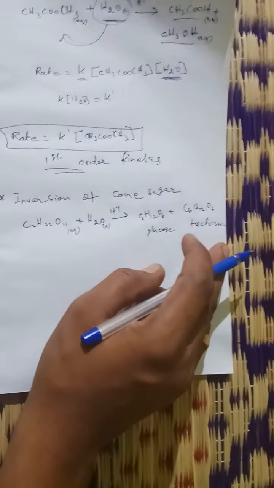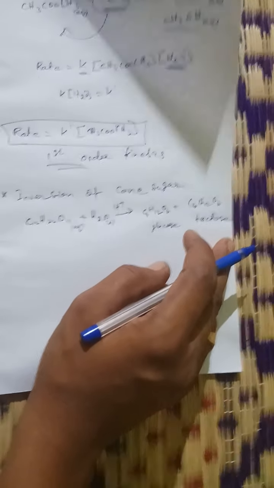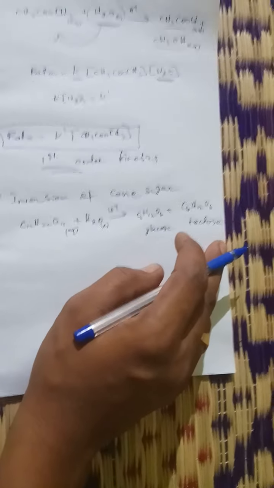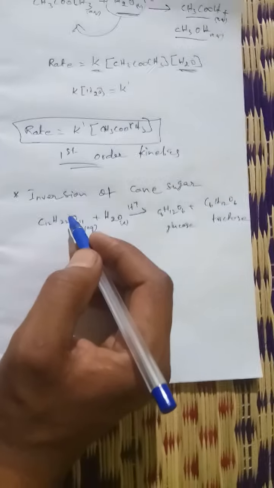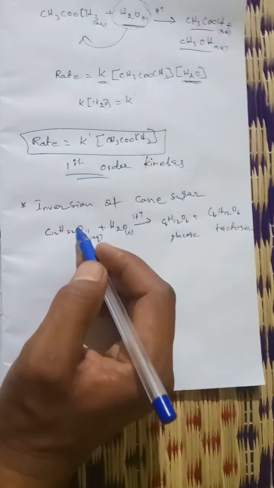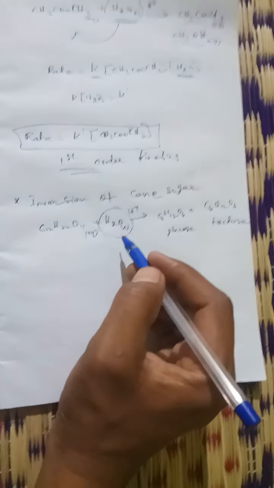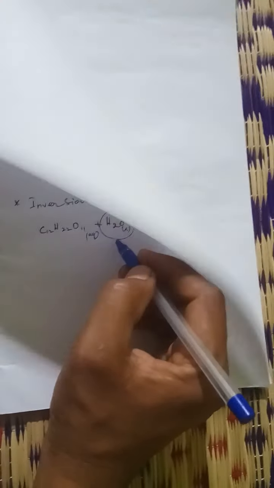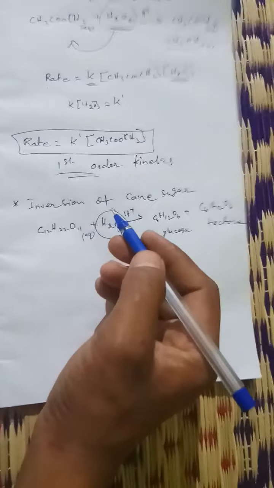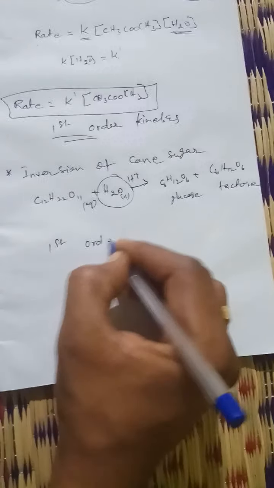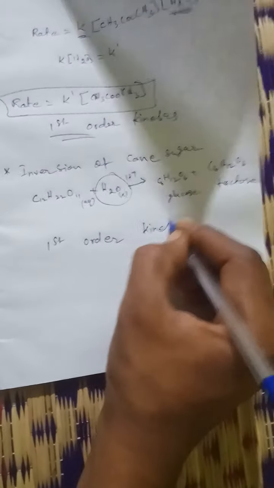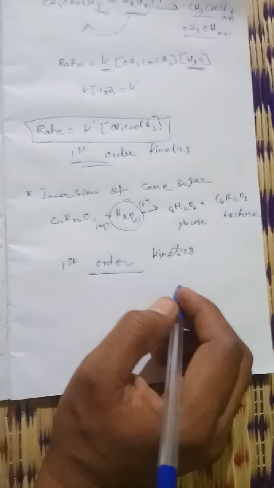Glucose and fructose have the same molecular formula but differ in the direction of rotation of plane polarized light. So the inversion of cane sugar follows pseudo first order kinetics. In these reactions the water molecules are taken in large excess and do not affect the order of the reaction. So inversion of cane sugar also follows first order kinetics, right?